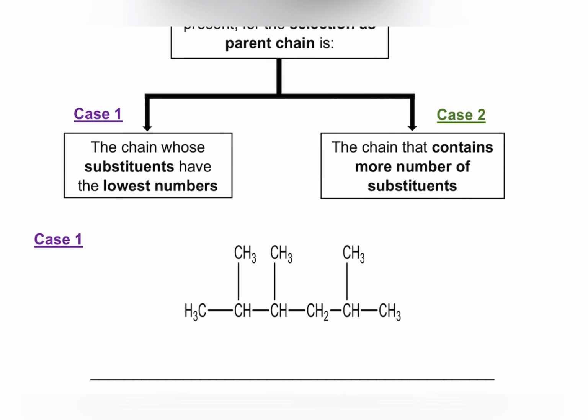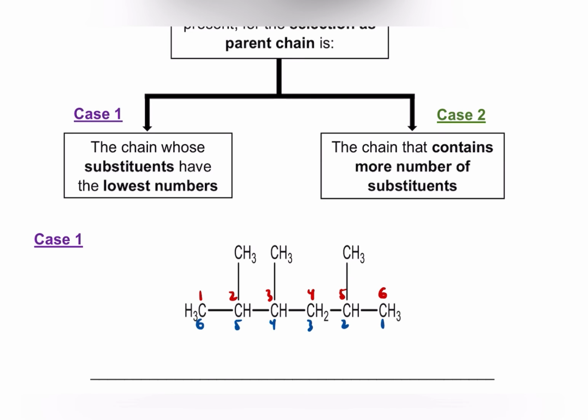Case 1, first thing first, step number 1, determine the numbering for the carbon atoms. I'm going to start from the left in the red color: 1, 2, 3, 4, 5, 6. And the next one, I'm going to start from the right in the blue color: 1, 2, 3, 4, 5, 6.